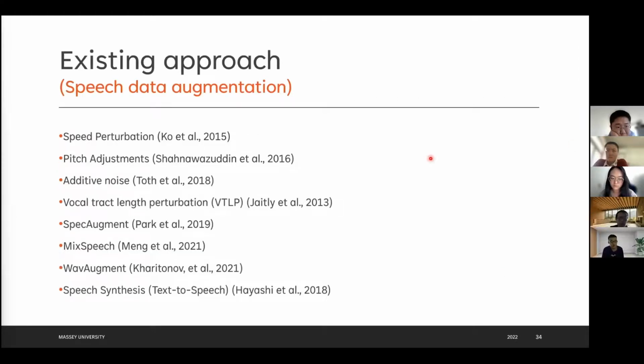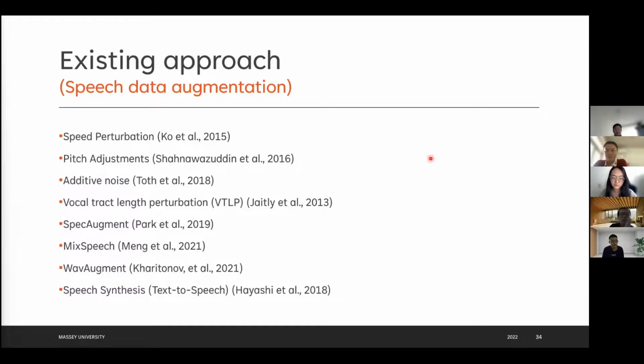There are many existing approaches in the data augmentation field, so we will not talk about them in detail. For example, there are speed and pitch adjustments. In speed perturbation, we increase the speed of the speech signal to make more copies of it, and in pitch, we adjust the pitch.